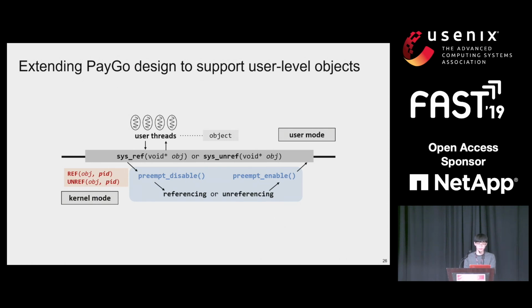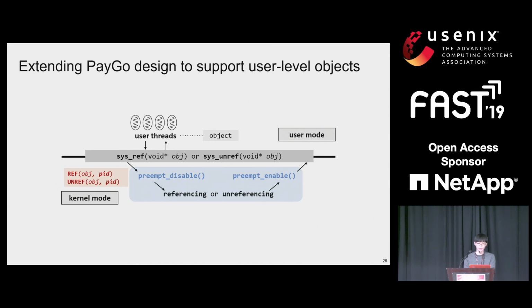All the explanations up to now are about the kernel-level PayGo design. We know that there are plenty of opportunities where PayGo can contribute to enhancing the performance of user-level reference counting. To support reference counting for user-level objects, we export two system calls to applications. We implemented sysref and sysunref system calls for user applications, which internally wrap the core kernel-level PayGo operations.